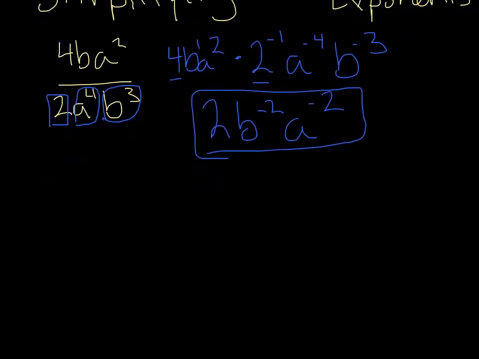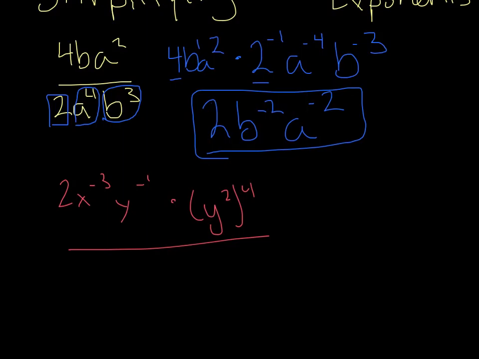So a new example, we have 2x to the negative third, y to the negative first, times y squared to the fourth, over x to the negative third, y to the 0. So first of all, when I see y to the 0, I know anything raised to the 0 is equal to 1.